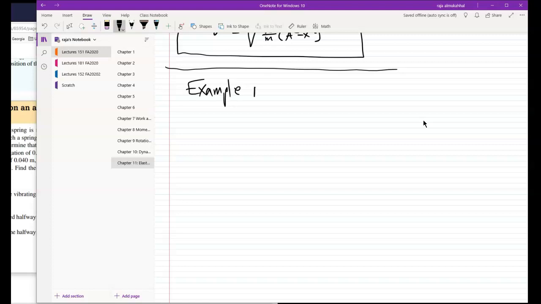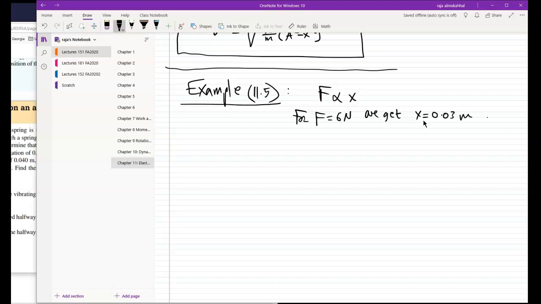Example 11.5. So what's given to us? He said that the force is proportional to the displacement, to the elongation. Remember there was a sentence there. And he said for a force of 6 Newton, I'm reading this information from my hard copy right beside me, we get x equals 0.03 meters.